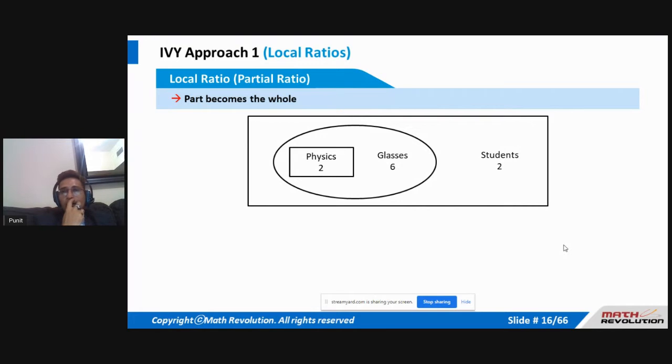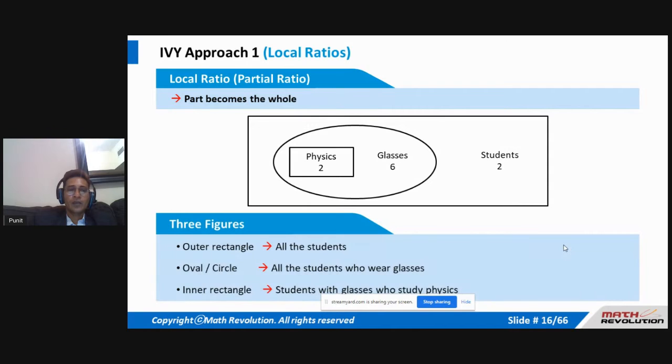Right now, we see a rectangular box. We have students, 2, then we have an oval, which has a rectangle inside it as well, with the word physics written in it with number 2. We have glasses with number 6. So the outer rectangle is all the students.